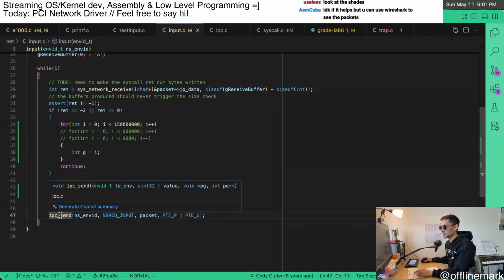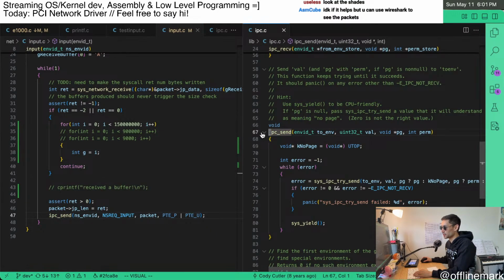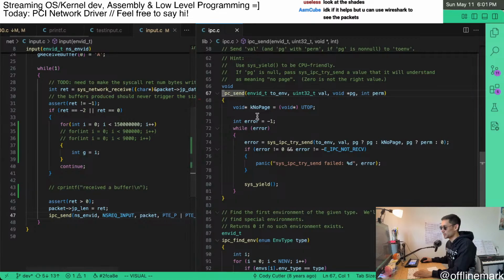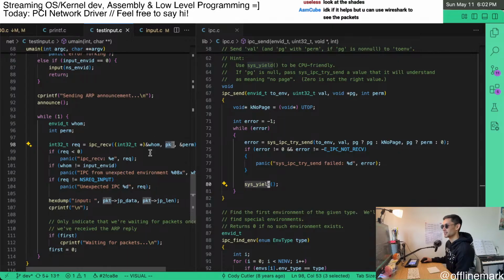There is a yield built into IPC sandwich, so when we trigger to send, this system call actively deschedules this process and gives the opportunity to another process to run. Hopefully that would give the chance for this process to pick up here and execute the hex dump undisturbed.